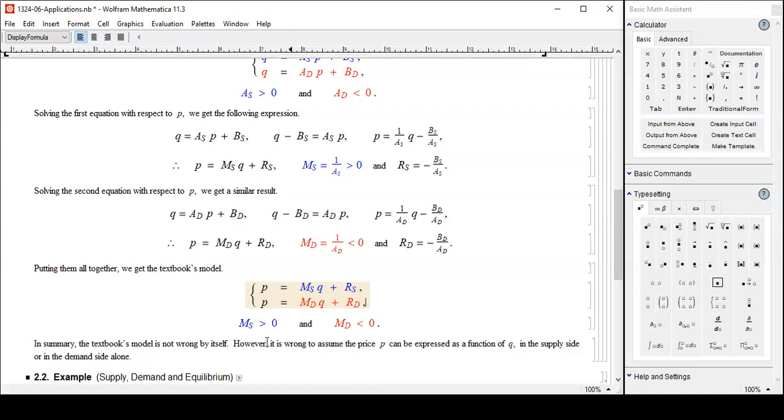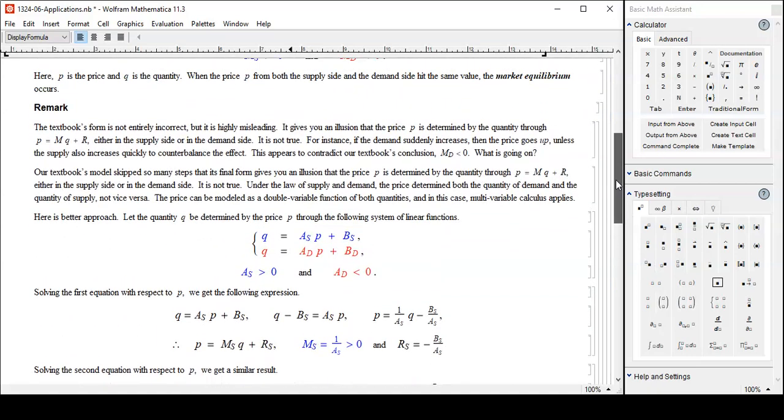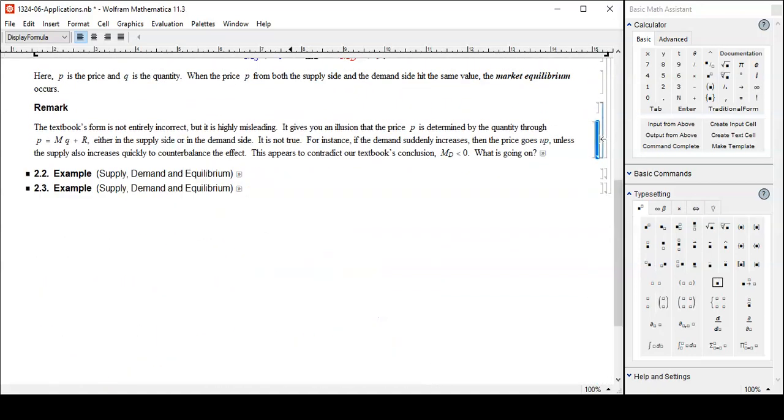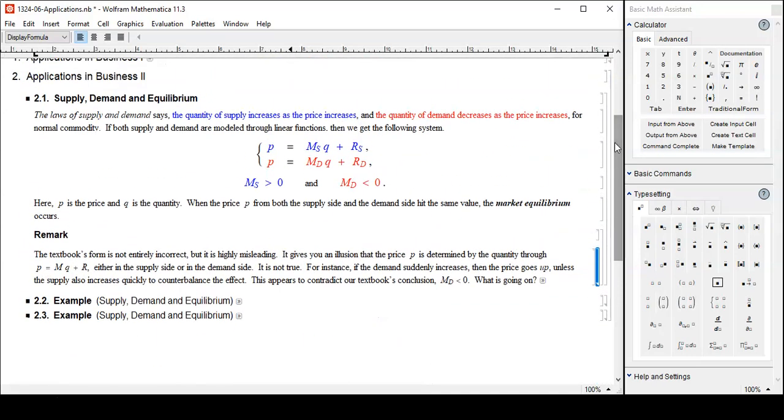So, what we have in our textbook is okay in terms of computation, but it could be misleading. And if you have already thought about this, if the demand suddenly increases, the price usually goes up if you use common sense.